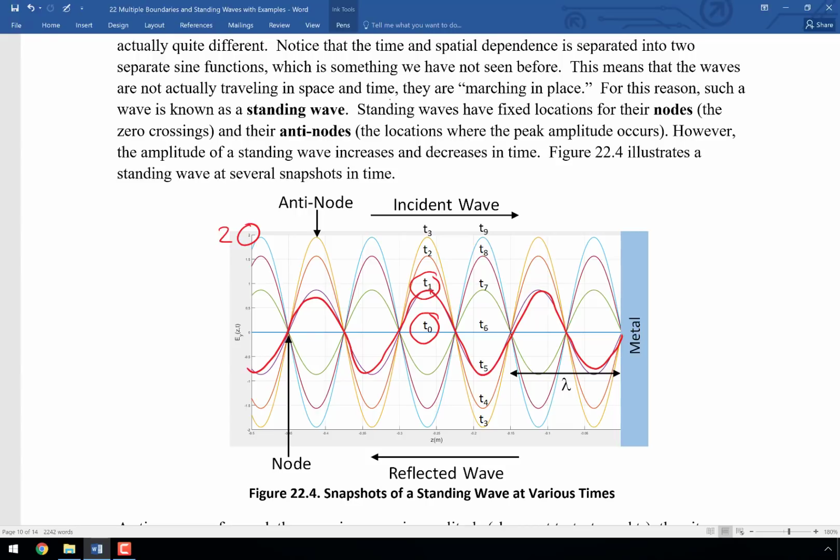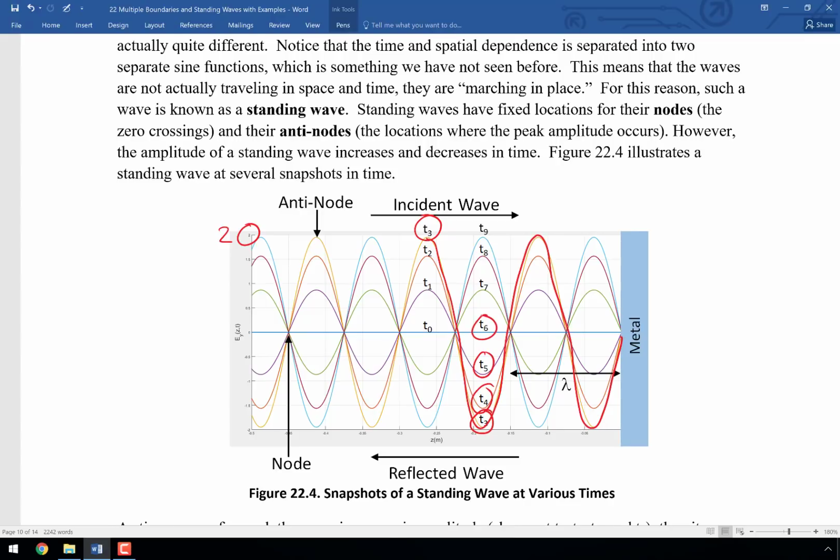So after it reaches t3, and notice that, oh gosh, this is hard. As I'm coming up to t3 here, I'm going to erase a few more things. t3 then is this orange path right here. Instead of thinking about t3 being up here, I want you to think of t3 as being down here. And then as time continues to t4 and t5 and t6, that wave is going to shrink in amplitude.